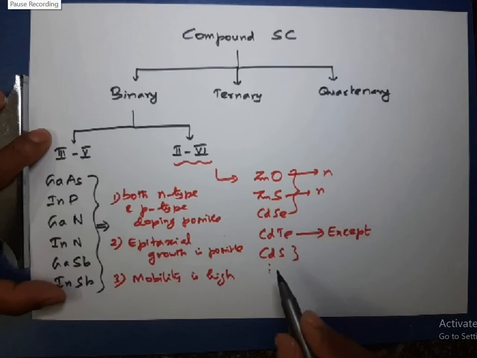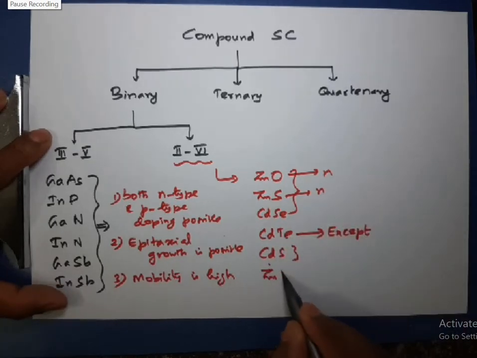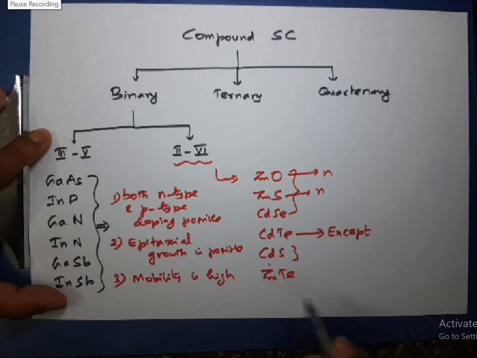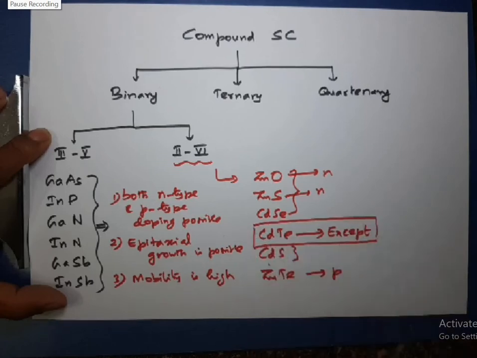Similarly, if you take zinc selenide, many examples are there. In zinc telluride, I think this is the only compound in which p-type doping is possible, whereas in cadmium telluride, both n-type and p-type are possible.